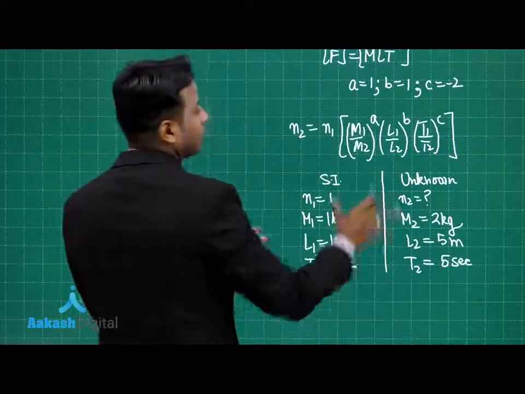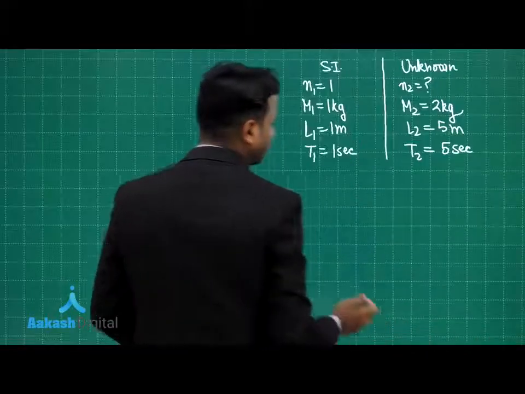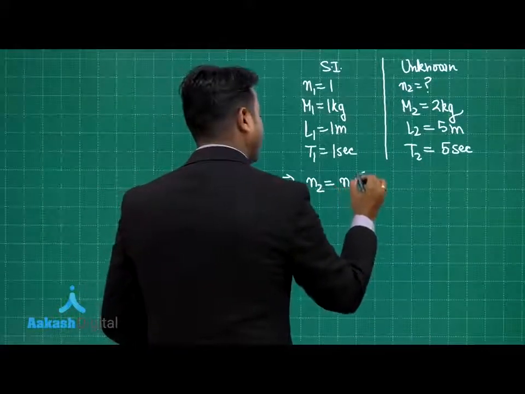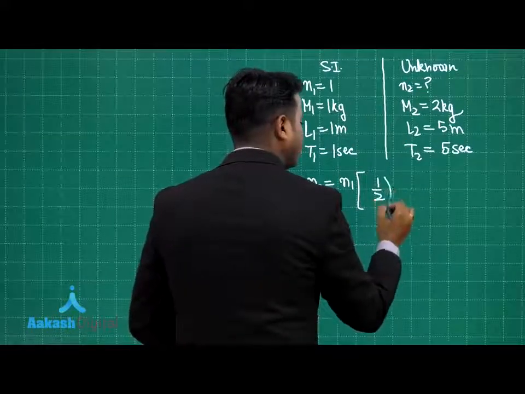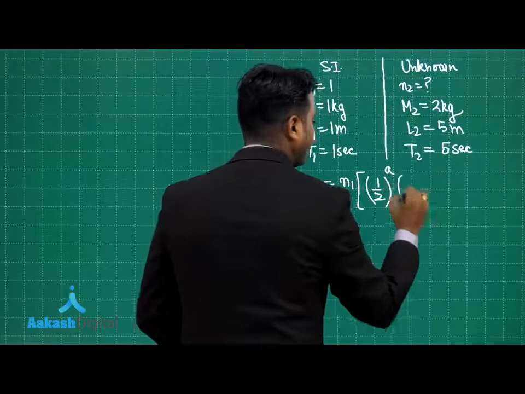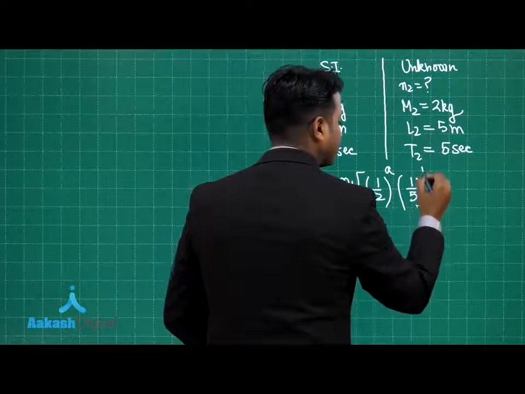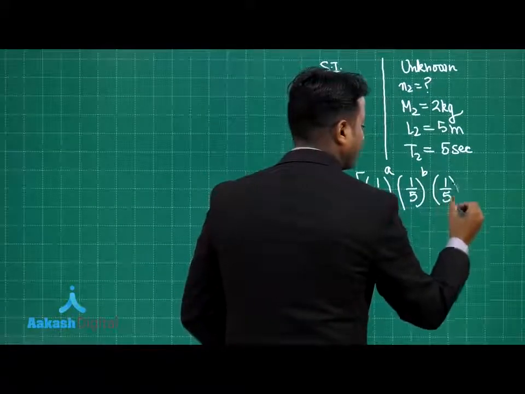So let's put all the data in the formula that we have and then we can find the answer. We have n2 equal to n1 times (M1/M2), so this is (1/2)^a. Then L1 by L2, so this is (1/5)^b, and then (1/5)^c.